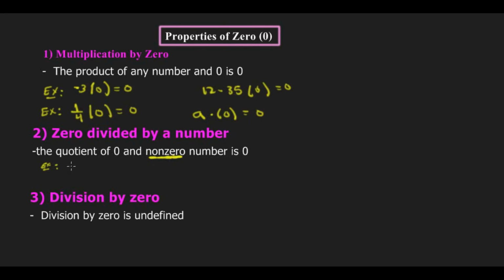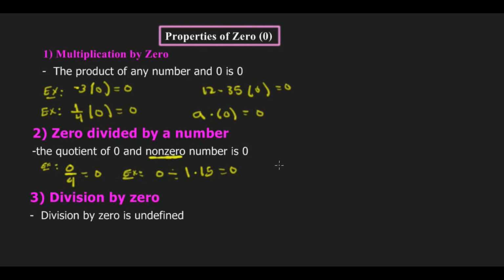If you have a number like 0/4, that's a fraction, the answer is going to be 0. Also, 0 divided by 1.15, the answer is going to be 0.